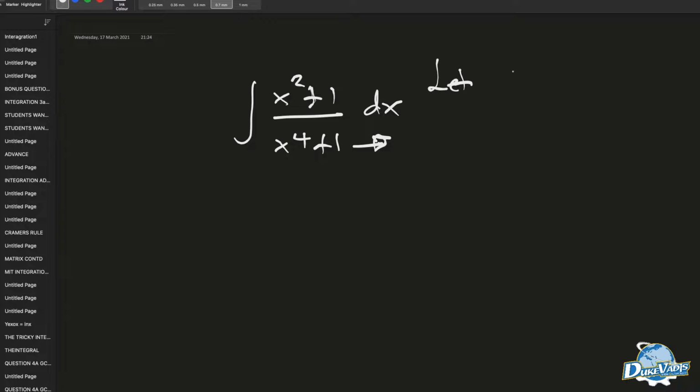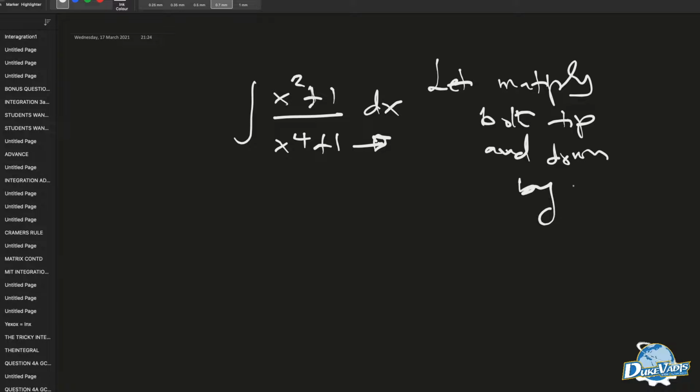So I say multiply both top and down by 1 over x squared.